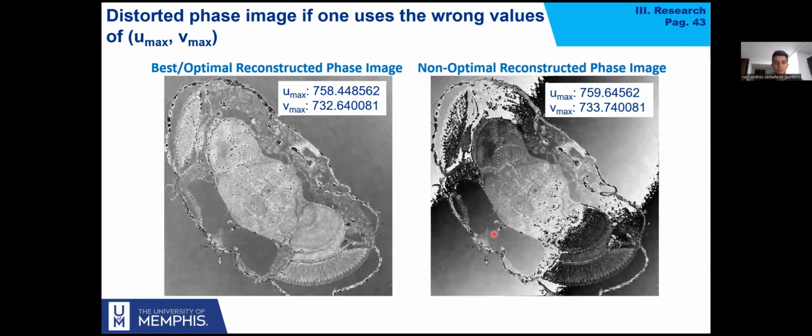So in this image, we can see the values of Umax and Vmax. This is the optimal reconstruction, and this is the non-optimal reconstruction.